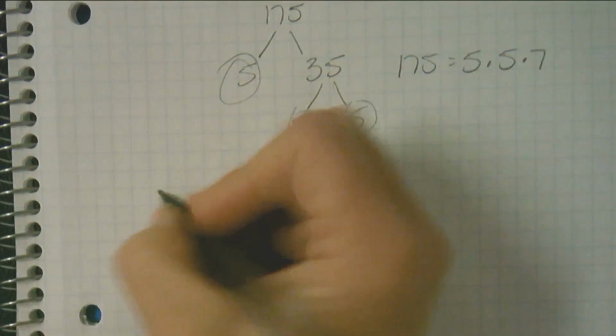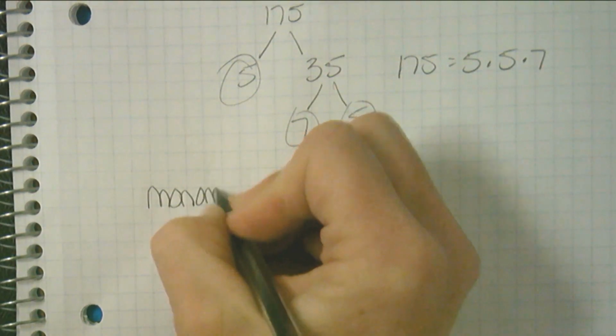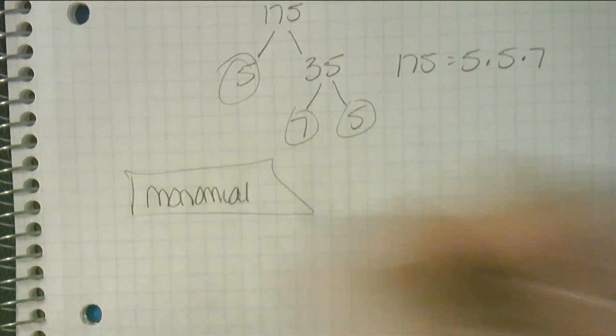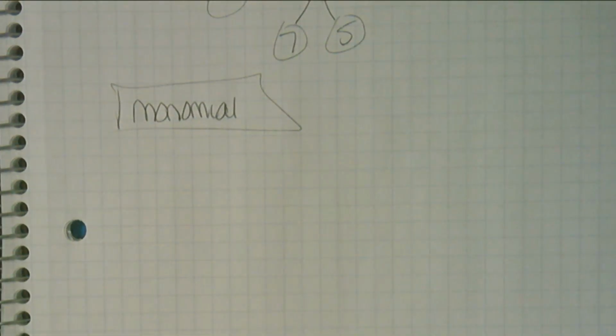There's something called a monomial. This is a new term for you, but it's not a new number.